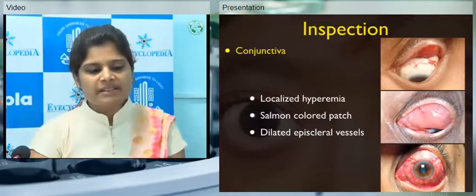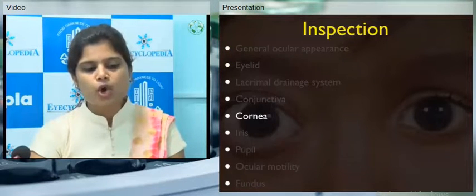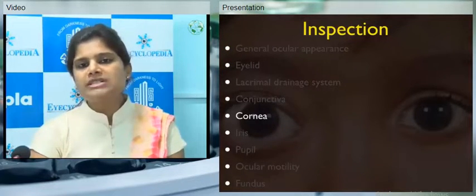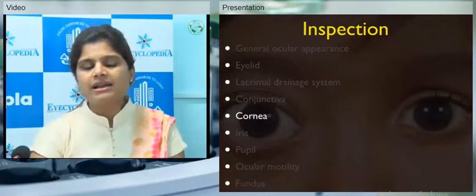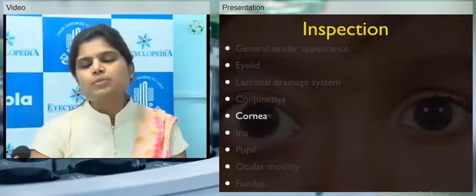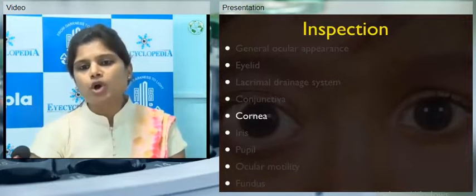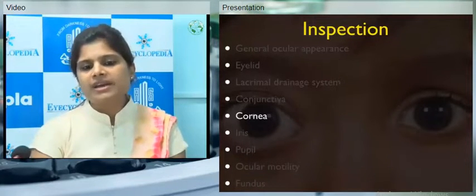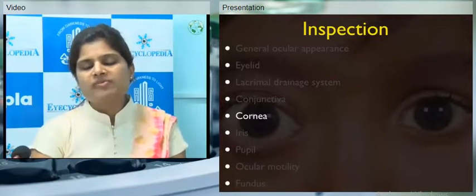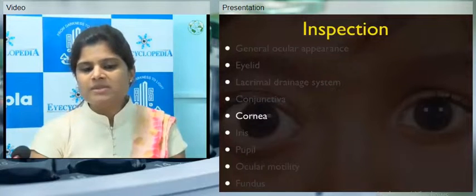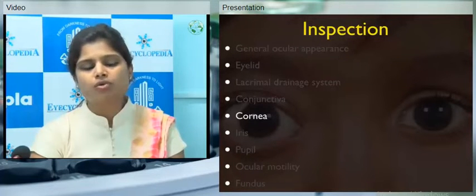After inspecting the other things, then we have to inspect the cornea. It is very important to inspect the cornea in cases with proptosis, because obviously they are at risk of developing exposure keratitis. So even if the cornea looks very clear, it is very important to stain the cornea and check if the patient has superficial punctate keratitis, which sometimes might be limited only to the inferior quadrant.